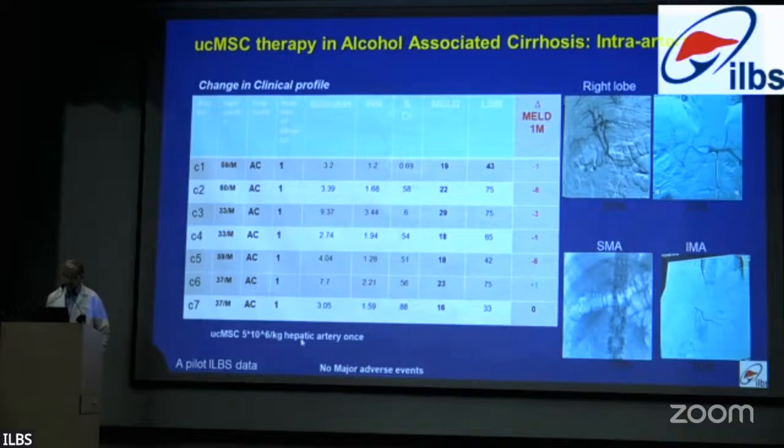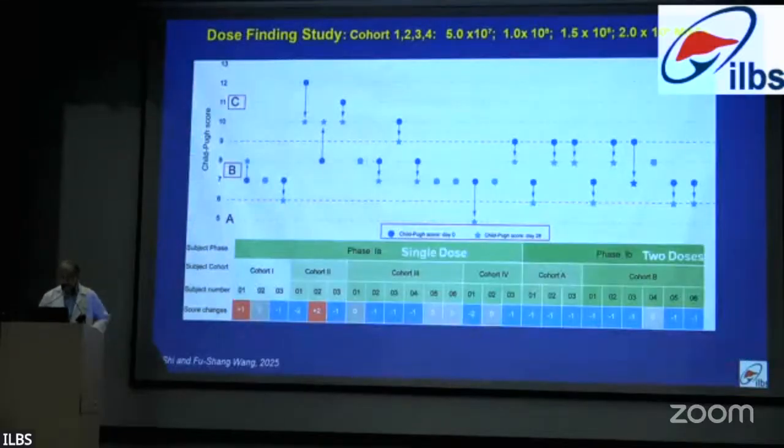And now we are using 5 to 10 raised to power 6 cells per kilogram. It needs to be 10 raised to power 8, but we are trying, and we now have a GMP facility available. This is the work by Fusheng Wang. Fusheng Wang worked to find out what should be the ideal dose.